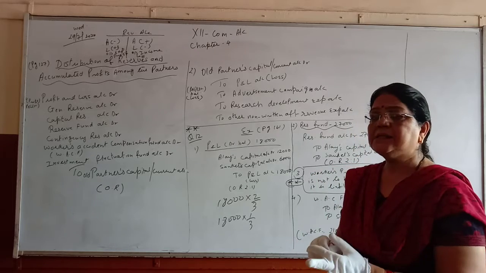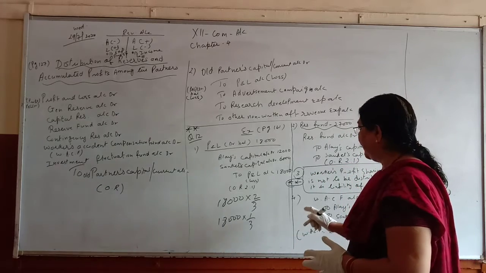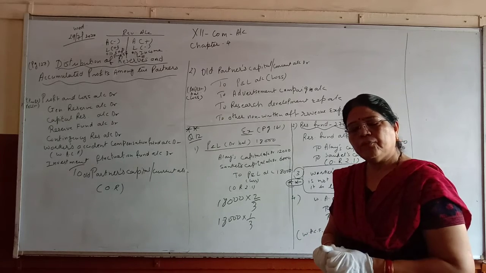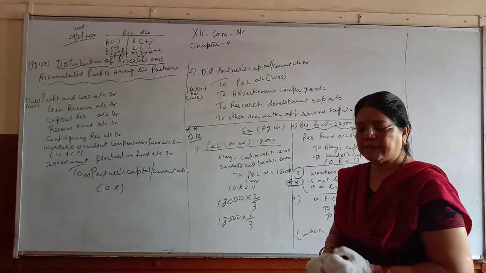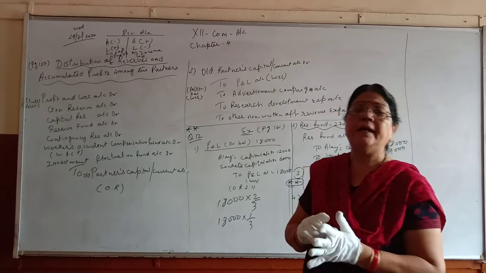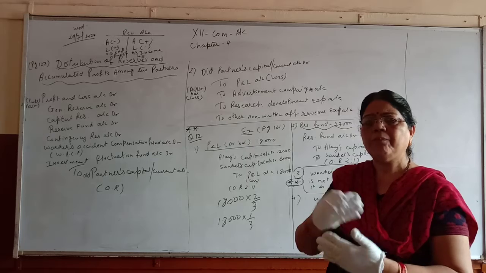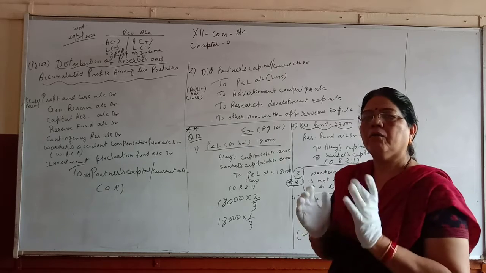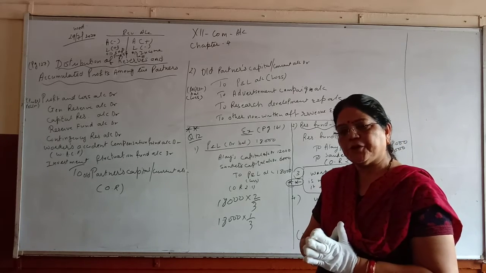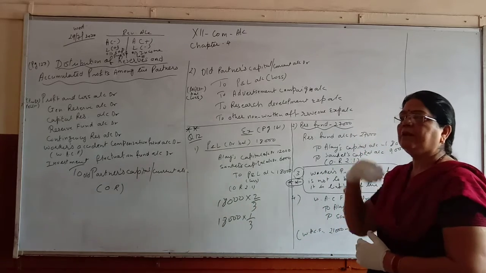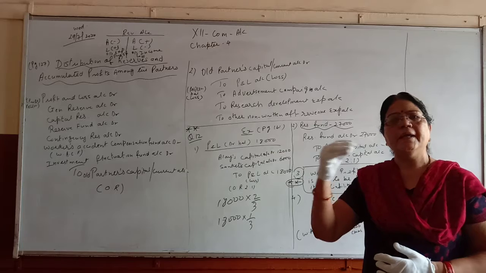So for that reason you maintain a workman accident compensation fund in your firm, so that by chance if someone meets with an accident, you will not have a big loss. It will be a help for you. So when the workers meet with an accident, you can give them.